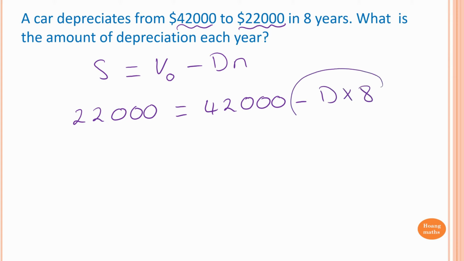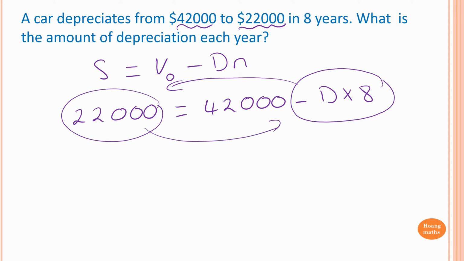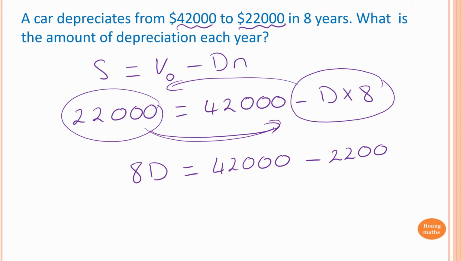So I can just move this to this side so it becomes positive. And this, I move to this side, becomes minus. So 8 times D is 8D. So minus 8D, I move to the other side, becomes positive. So 8D is equal to, I write the $42,000 down first. And then I minus, because 22,000, I move to this side, becomes negative, so 22,000. So 8D is equal to 42 minus 22, which is 20.